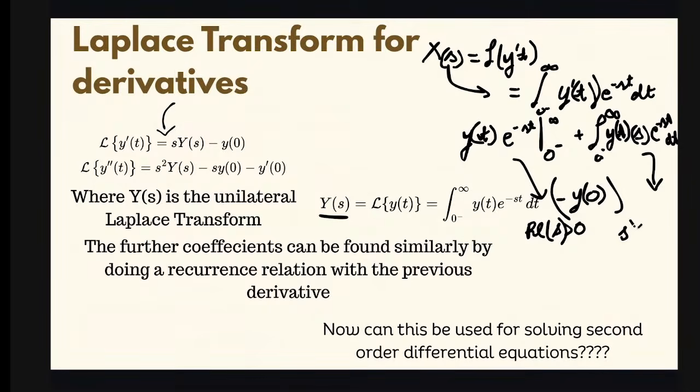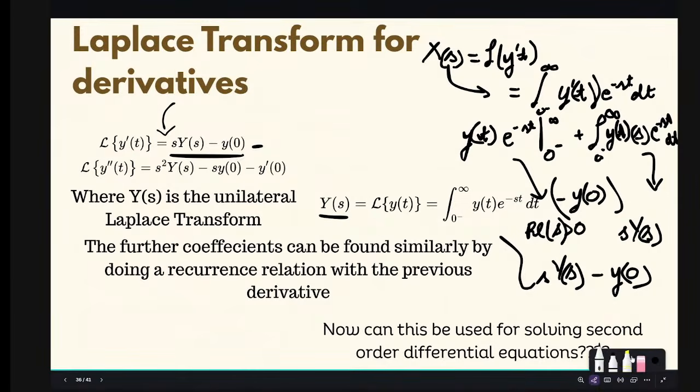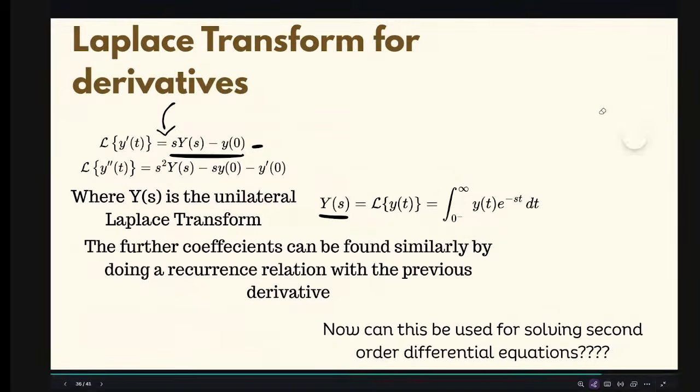So I can just write it as s times y of s. So the final sum will be s times y of s minus y of 0, which is exactly what we got over here. I hope this is clear for now. We get this by using integration by parts.